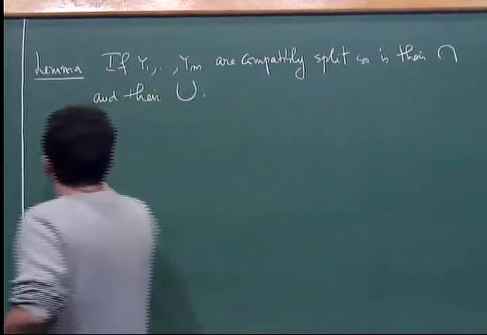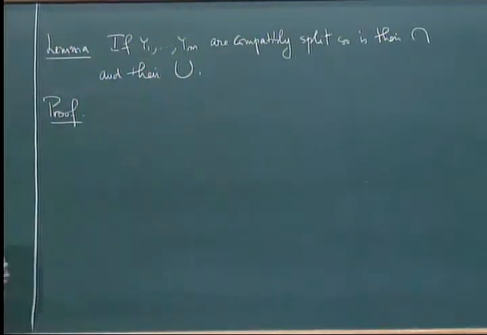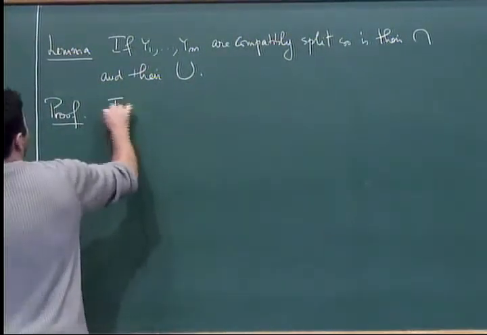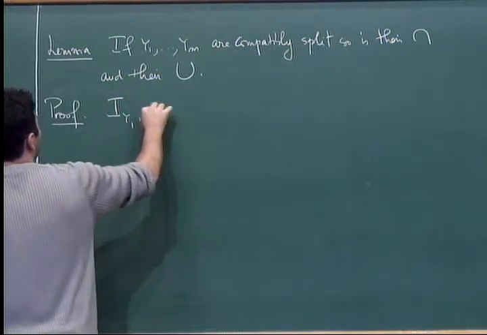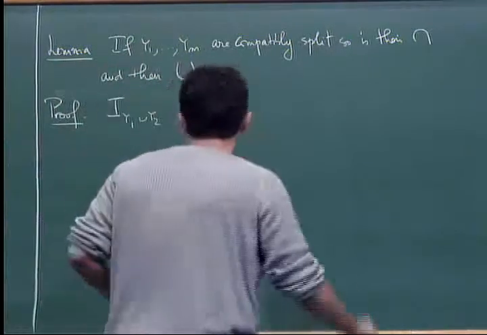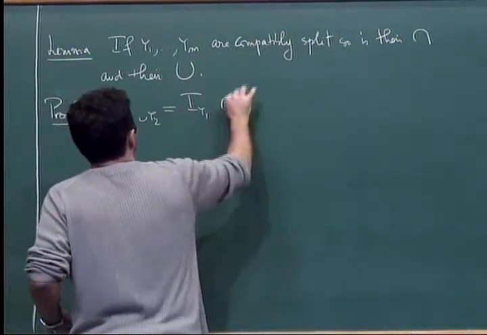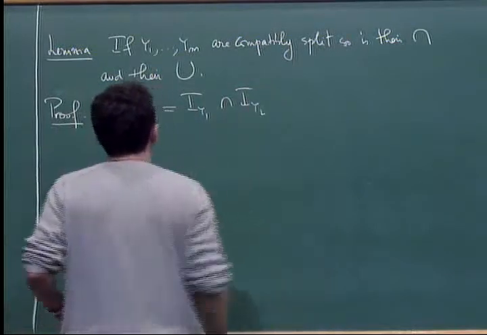So for instance, for the union of Y1 and Y2, the ideal sheaf is exactly the intersection of the two ideal sheaves.